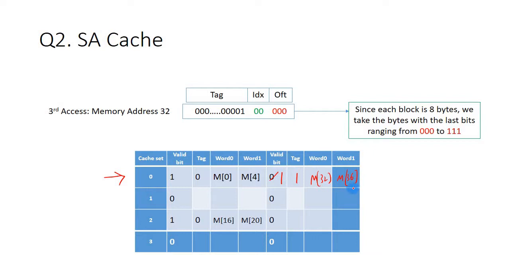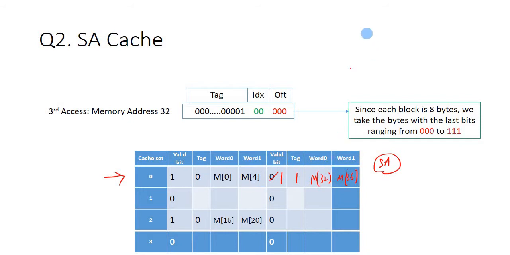You can see that this is where set associativity plays a part. I have two memory accesses, memory access 4 and now memory access 32, and both point back to the same cache set but have different tag information, so I can keep them side by side.